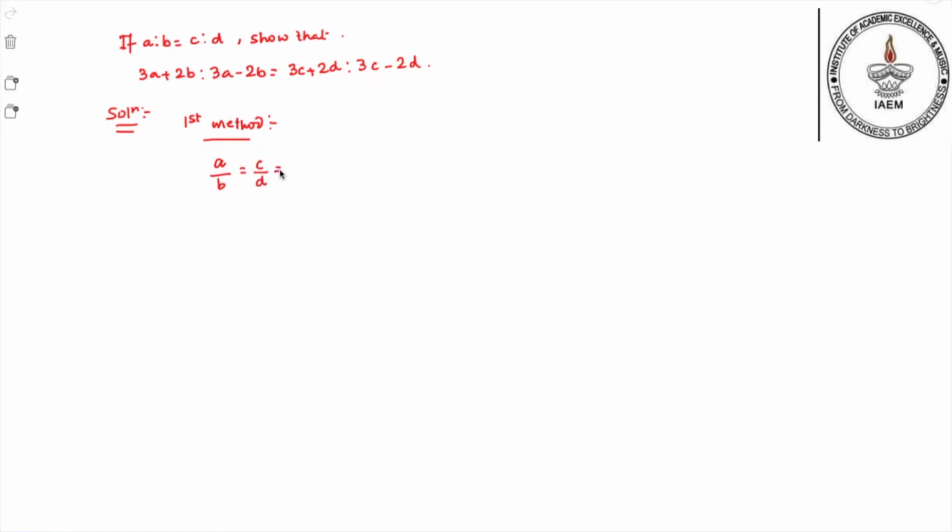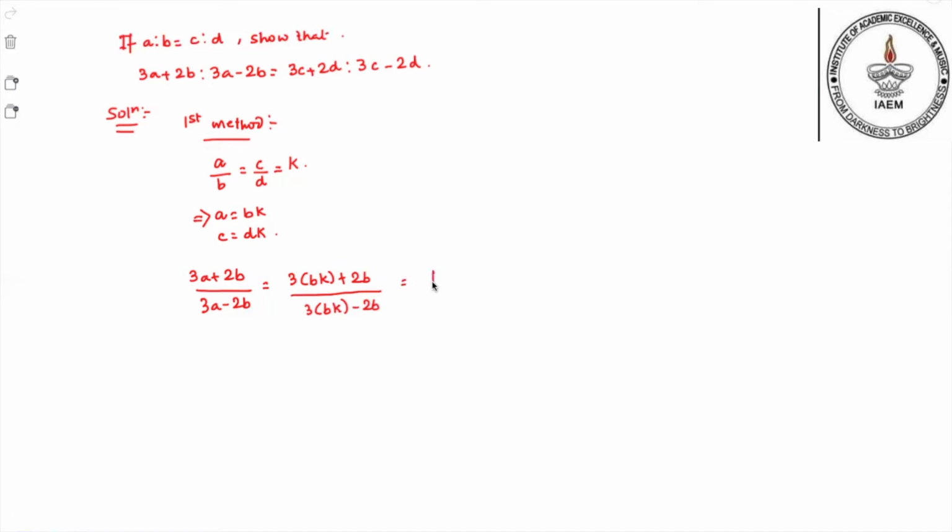Now let us consider that this is equal to a constant k, which means we can write A equals Bk and C equals Dk. If that be the case, then (3A plus 2B) by (3A minus 2B) can then be written as (3 into Bk plus 2B) by (3 into Bk minus 2B).